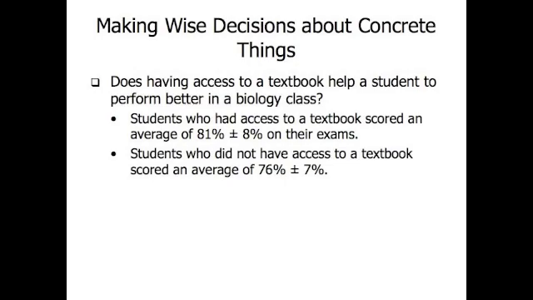The variation in scores for the two groups may be too large to allow us to conclude that there's any effect of having access to a textbook. Instead, the difference in average scores for the two groups might mean that more of the high-performing students just happened, through random chance, to be in a group given access to a textbook.